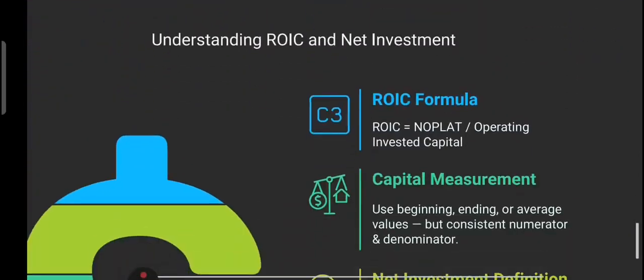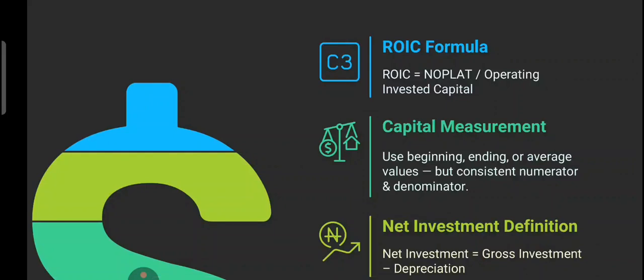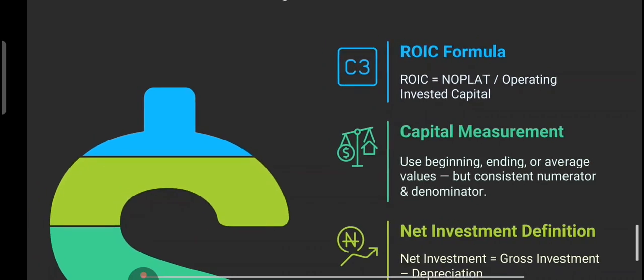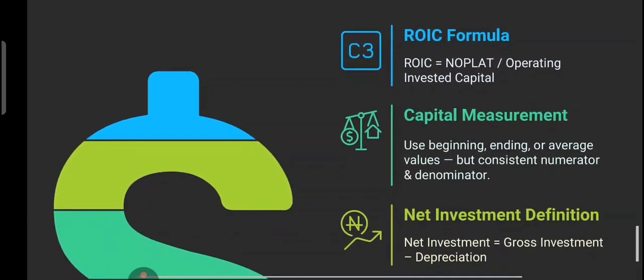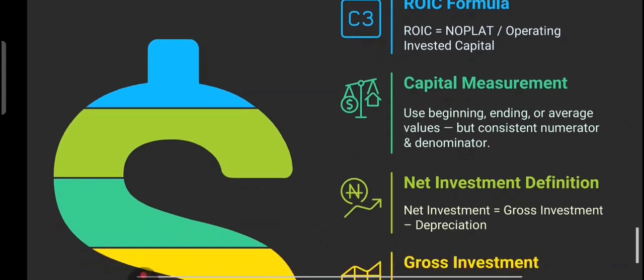So just write it in the denominator and you will get ROIC. It measures how much profit a company generates for every dollar invested in its operations, right? That is why in the denominator we have operating invested capital, meaning every dollar we have invested in the operation, how much profit the company generates. That is called ROIC.